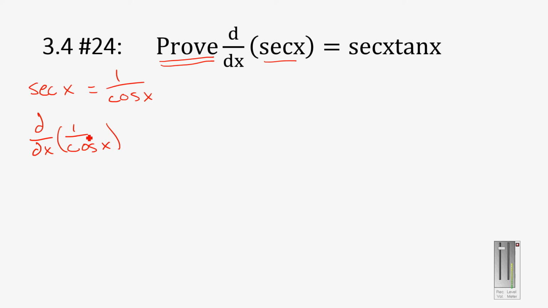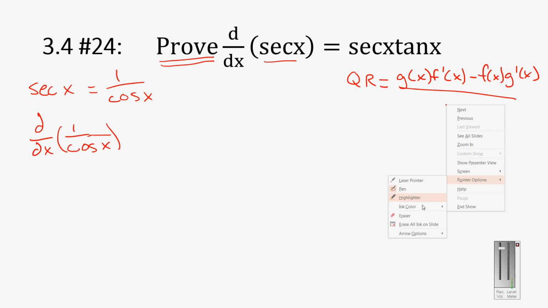And I'm going to treat it like it's a quotient rule. If you remember, the quotient rule says that we're going to take g of x times f prime of x, subtract out f of x times g prime of x, and put all of that over g of x squared. Sorry about that.